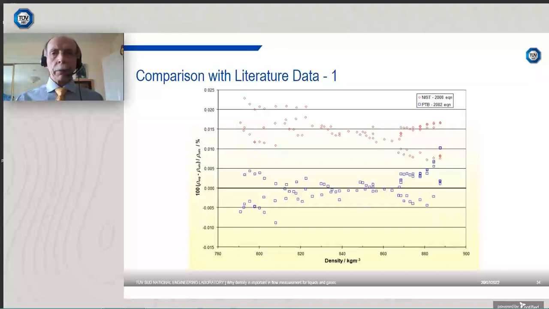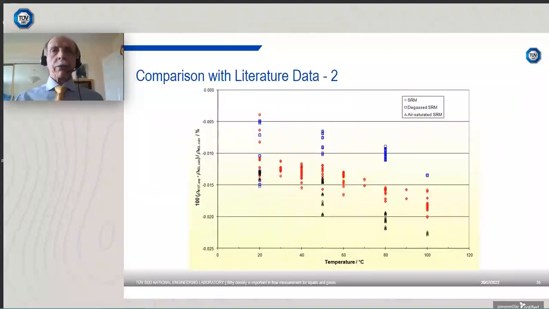So I dug a bit deeper, and what I found was that the paper I'd taken the data from went into more detail about the samples that NIST had measured, and the equation that they had was an equation effectively covering 3 types of samples: their standard reference material, a degassed reference material, and an air-saturated sample.